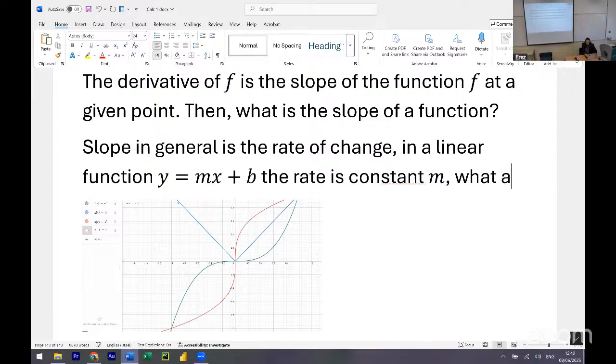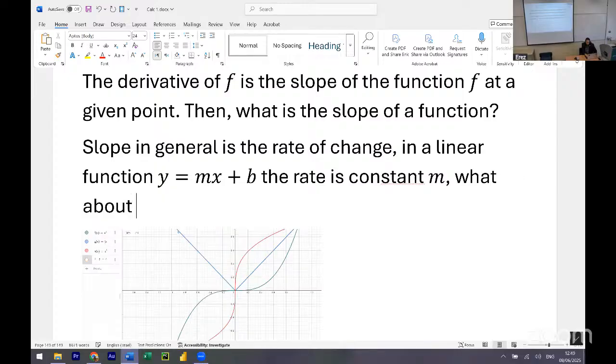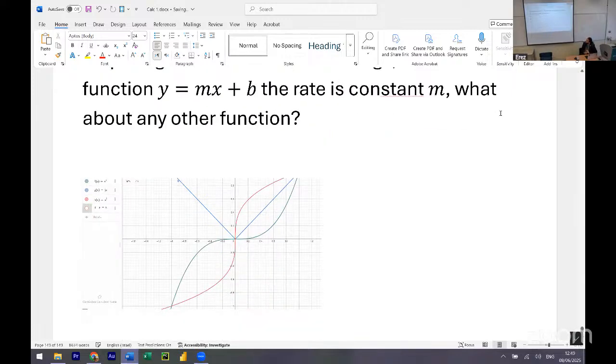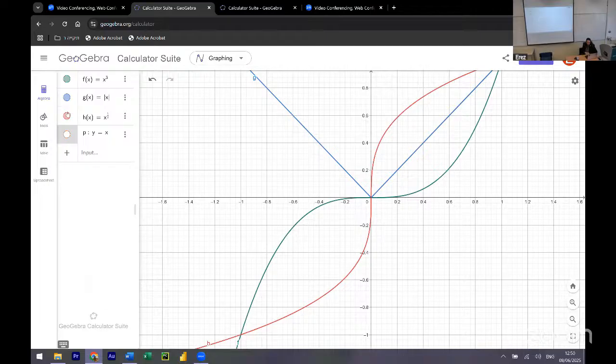What about any other function? And again, philosophically, geometrically, what would you say the rate of change of the function is? Let's get back to the example. Start with the green one.